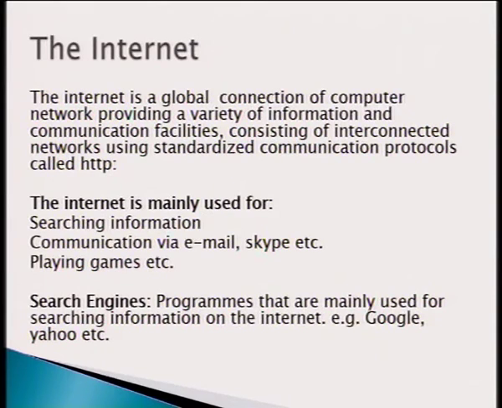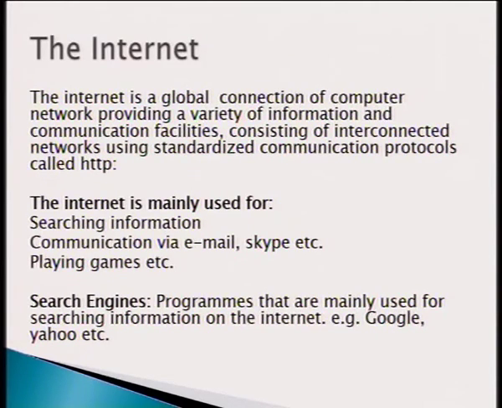Okay, now let's talk about the internet. When you talk about the internet, we're usually talking about a global connection of computers and networks, providing a variety of information and communication. We're talking about computers that are connected to each other globally.